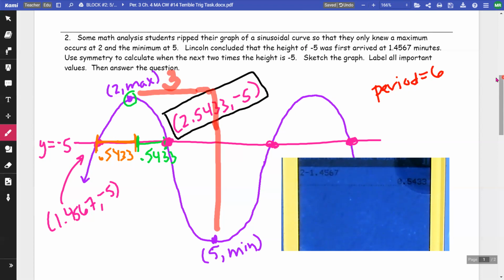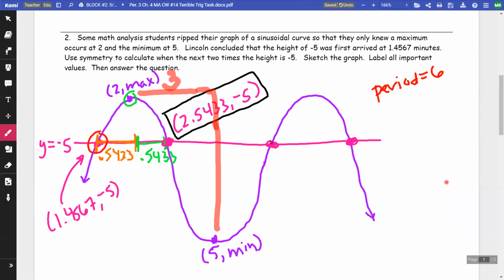So what I'm going to do is start at this point over here, which is 1.4567. And to get to this point here, which is going to be 6 away, I'm going to add 6 onto it, okay?